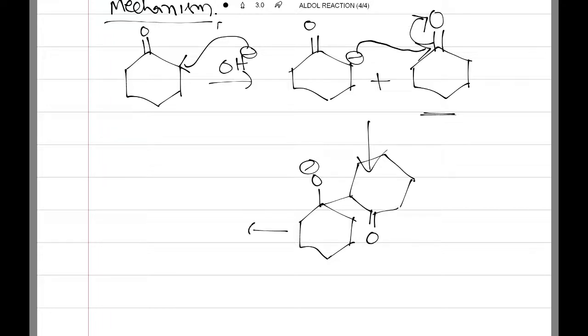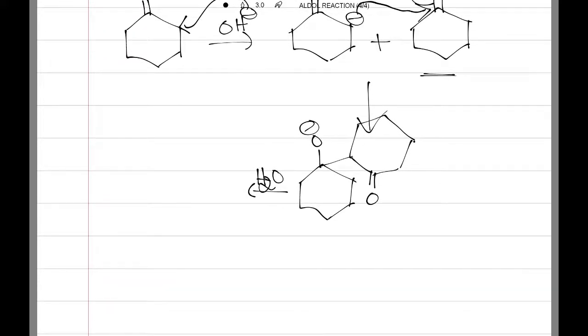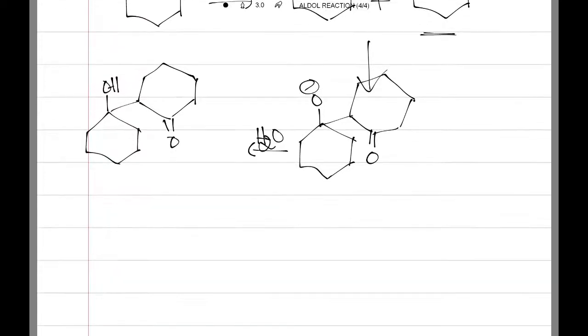After addition of water, we can get the alcohol. This is the OH formation taking place, and here it has another cyclohexane ring with keto function. After a small amount of heating, elimination of water takes place.